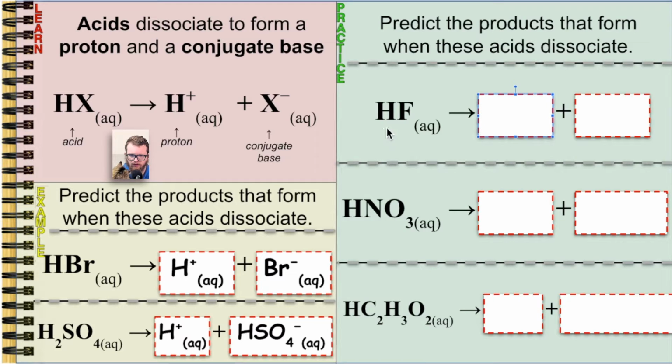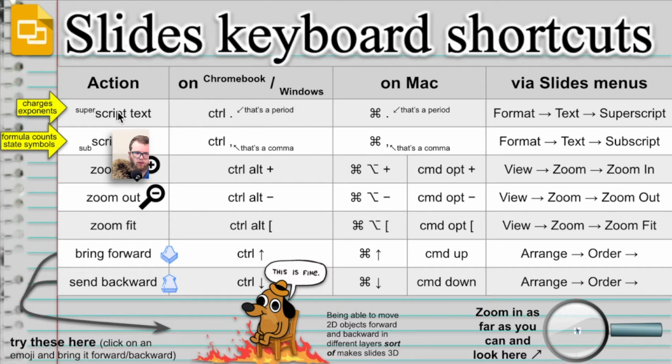So, when we predict the products that form when these acids dissociate, we know that when HF, or hydrogen fluoride, dissociates, one of the things it's going to form is H plus aqueous. And remember, we want to make that positive sign superscript, so we're going to pop it up like that. And we want to make the state symbol aqueous subscript, so we're going to pop it down like that. If you don't remember how to do those, please check the keyboard shortcuts for superscript and subscript text on slide number 2.